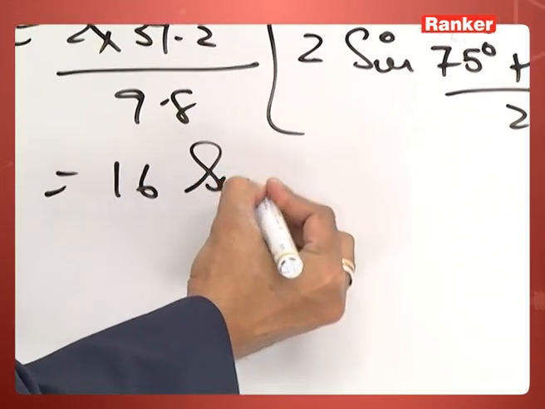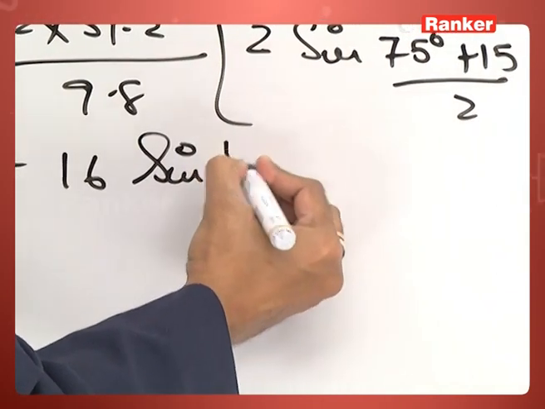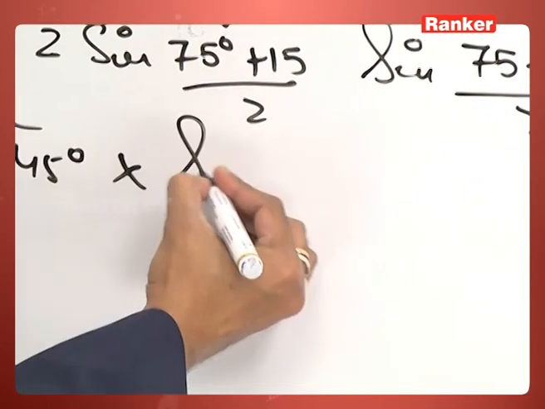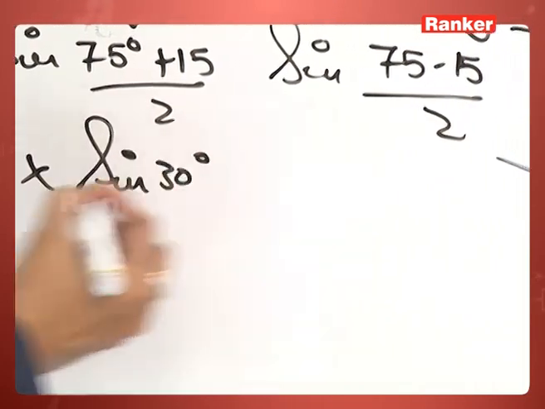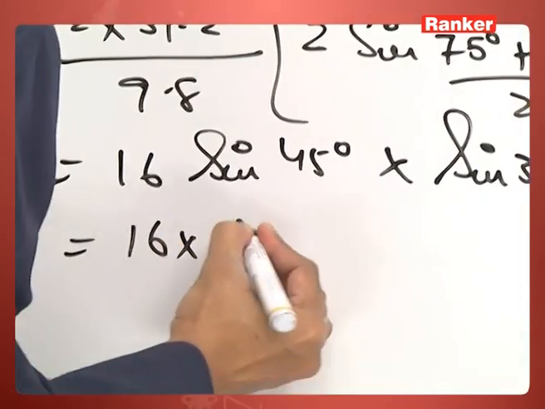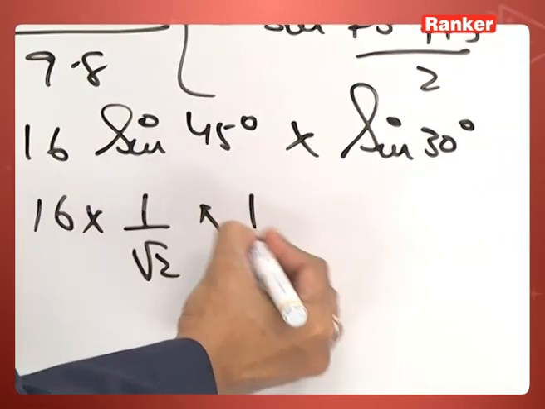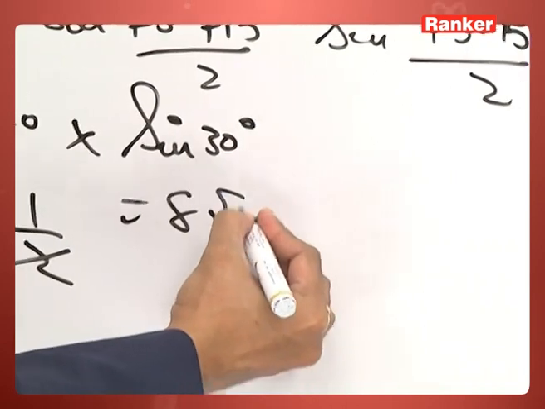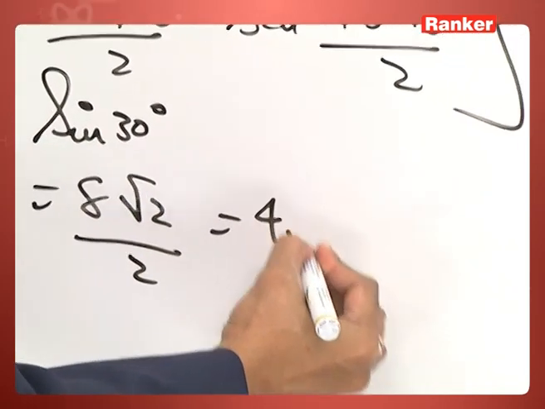So this is sine 45 degree into sine 30 degree. So I will write here 16 into 1 by root 2 into 1 by 2. So this becomes 8, so this is 8 root 2 by 2. I can write this as 4 root 2 seconds.